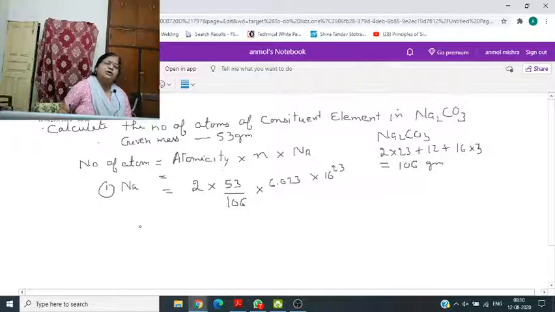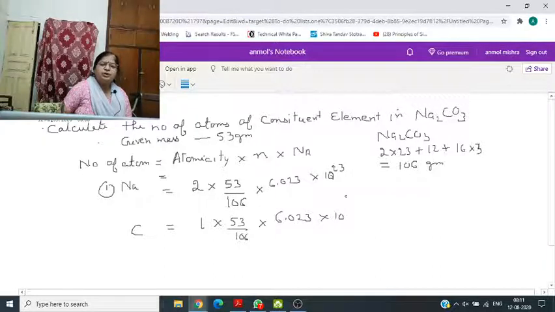Similarly, for carbon, it will be the same. We will multiply by 1. Calculate it yourself and do write it down in your copy also, so that it will be easier for you.